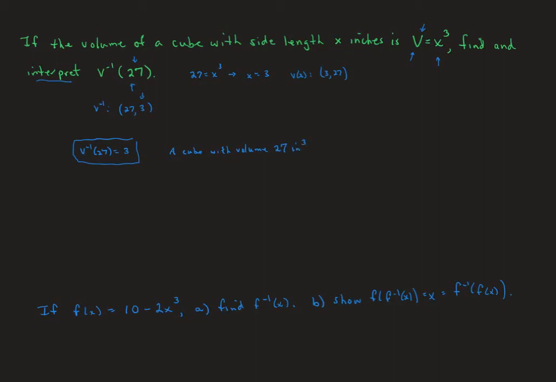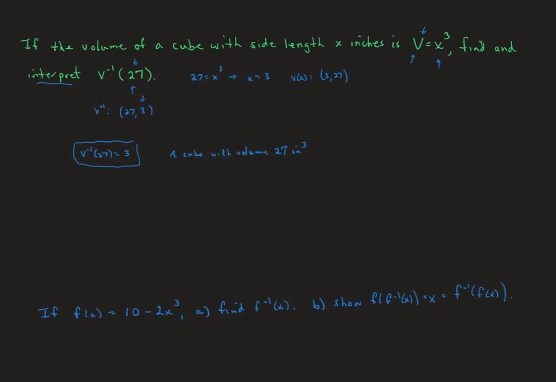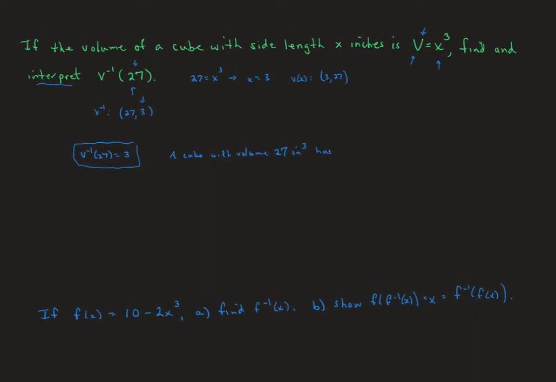A cube with volume 27 cubic inches has a side length of 3 inches. Okay, there's the interpret part. So we answered both parts of that question. We did the find and we did the interpret.